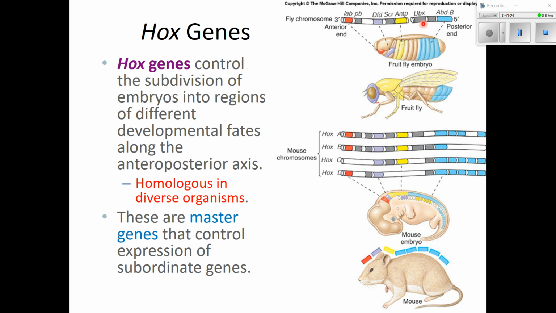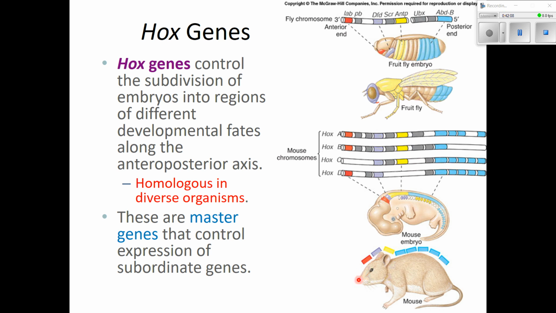What's interesting about Hox genes is that we're finding, as more and more animal genomes are sequenced, that different animals have the exact same Hox genes. So this is not the best diagram in the world, but it's the best one I could find. Notice here, the same gene, it would probably be this gene here, maybe, that activates the development of a fruit fly's head, that exact same gene sparks the development of a mouse's head.